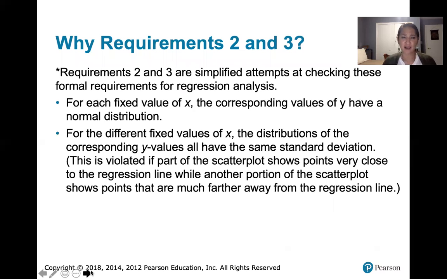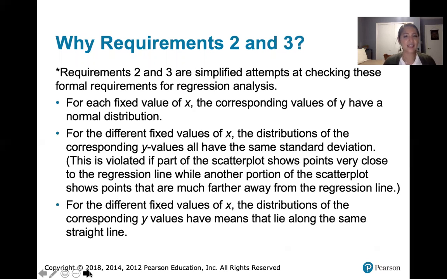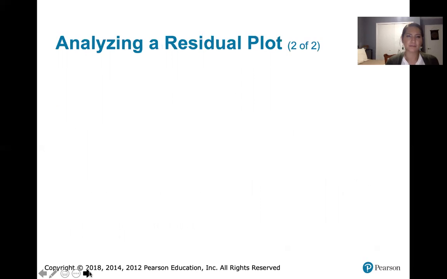Now we say that this is violated if the scatter plot shows points very close to the regression line in one part of the scatter plot, while another portion shows that the points are very far away from the regression line. In that case, we might assume that the y values don't all have the same standard deviation for different x values. And our last requirement is to check that for different fixed values of x, the distributions of the y values have means that lie along the same straight line.